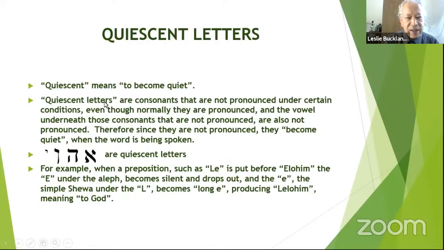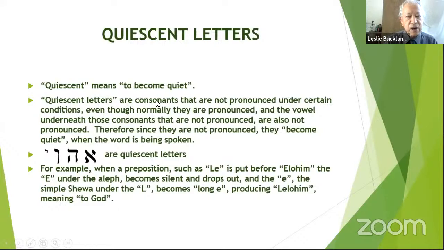So quiescent letters have the effect of not only being quiet themselves, but causing the vowel underneath them to become quiet also. So they not only keep quiet, but they tell the vowel underneath them to be quiet also. Okay, so it has the effect of silencing the vowel underneath those quiescent consonants.